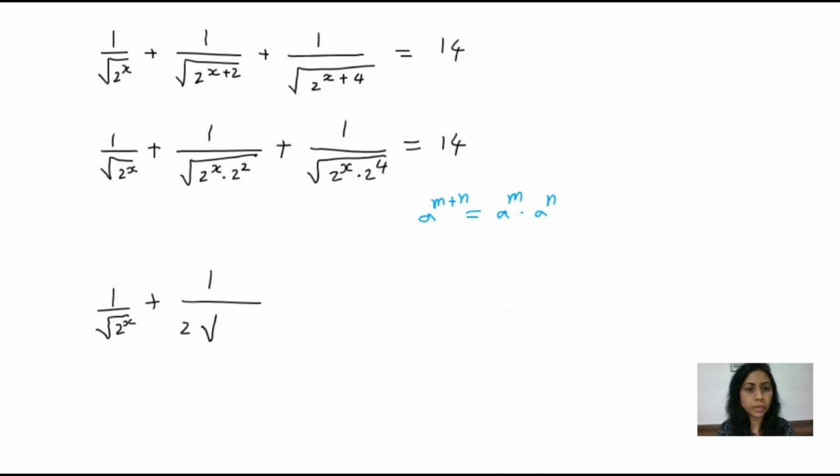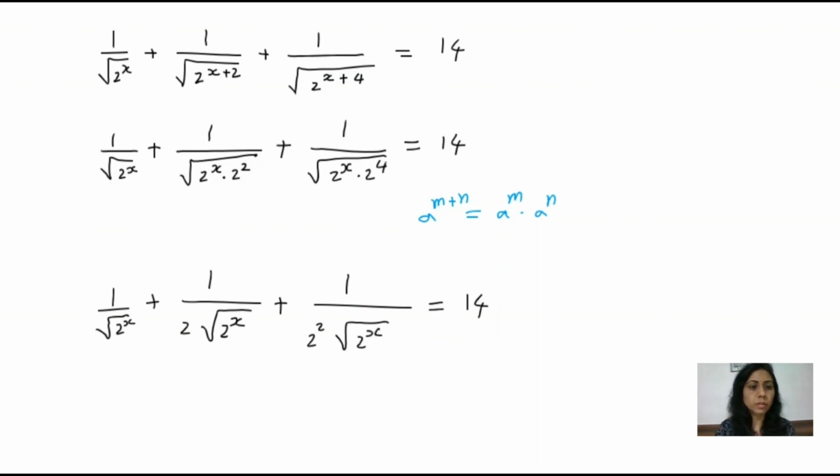And this one we can write as it is, (1/√2)^x plus, inside the square root, 2 to the power 4, so when it comes out we get 2 squared.